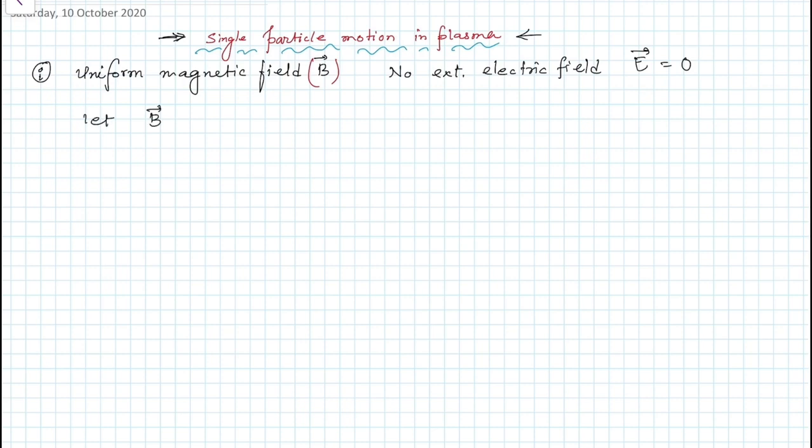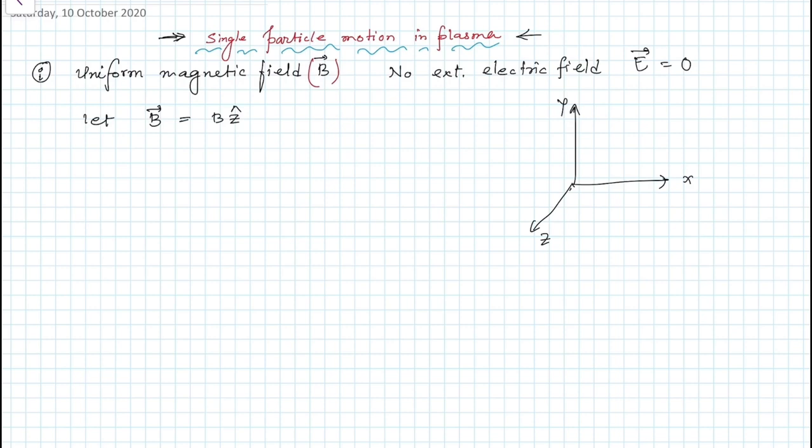So we have considered the uniform magnetic field B being applied along the Z axis, so B Z cap. Suppose this is the X axis, this is the Y axis, and this is the Z axis, which is coming out of the screen.